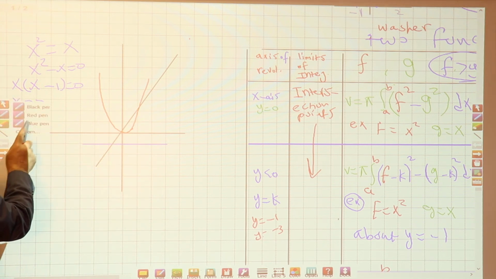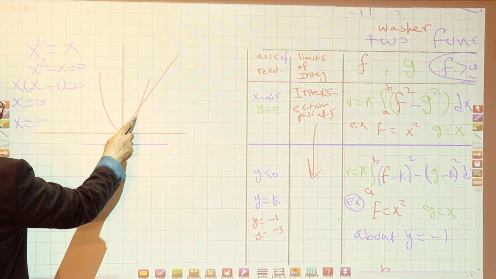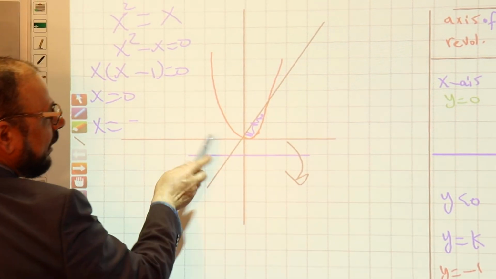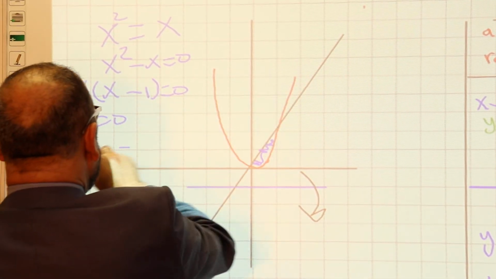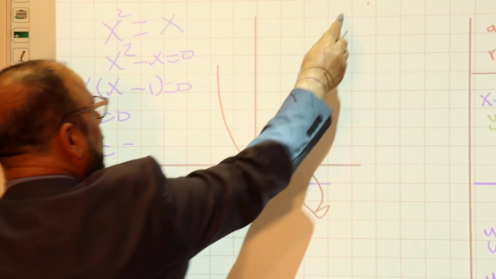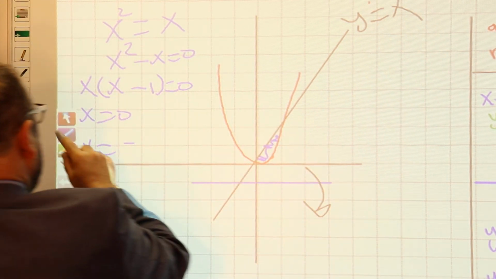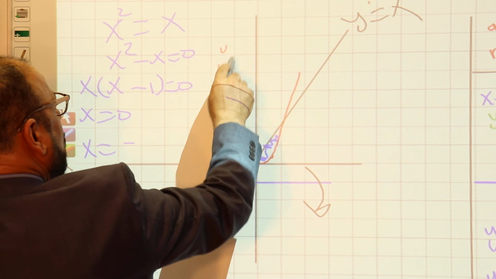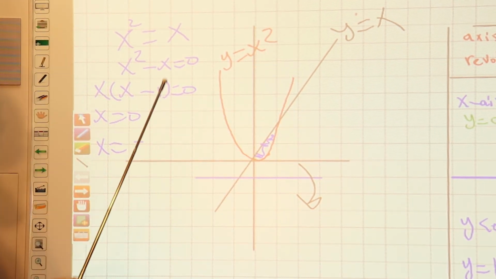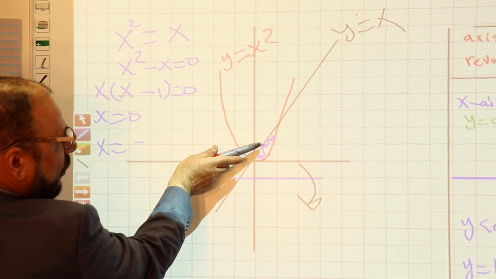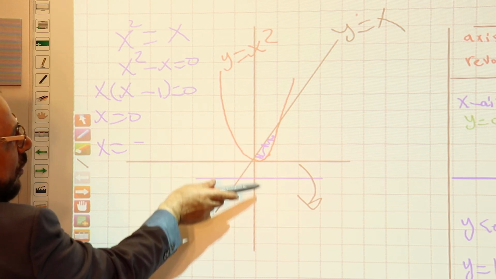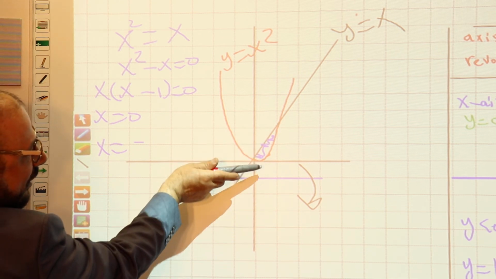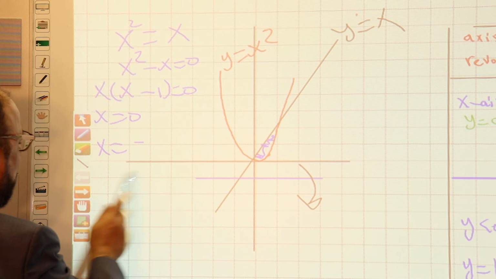Just zoom it, please. But the revolving will be around what? This guy. Still, x is bigger. y equals x is bigger, and this y equals x squared, the lower function, the lower radius. Now, the radius of the top, x plus 1, right, x from here to here plus 1, and this one, x squared plus 1.